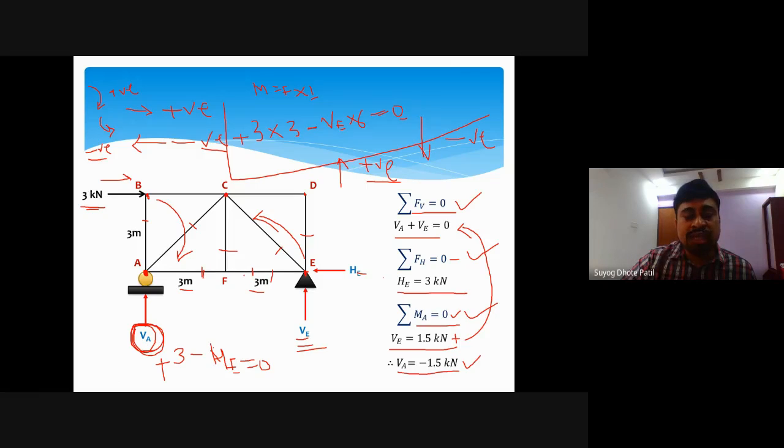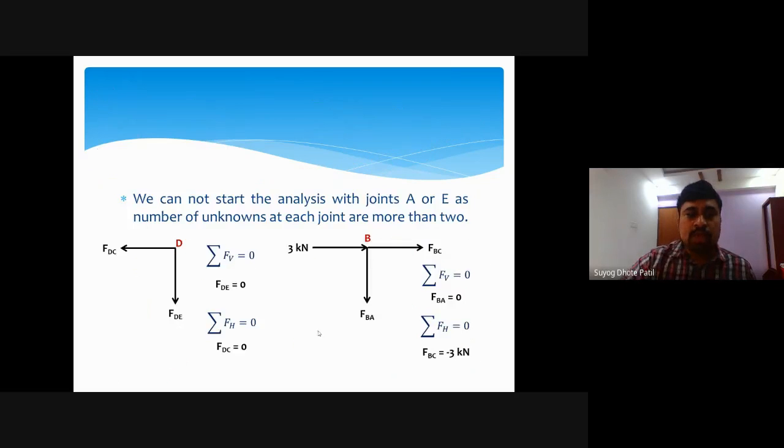So we have only the choice of joint B or joint D. We can consider joint D.